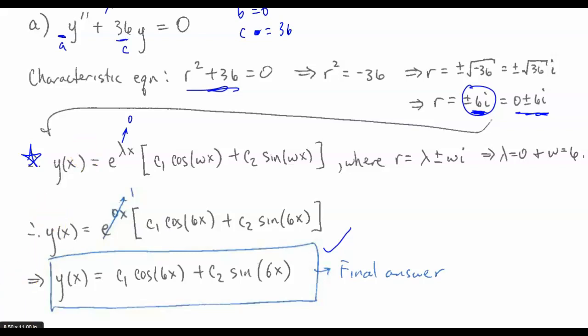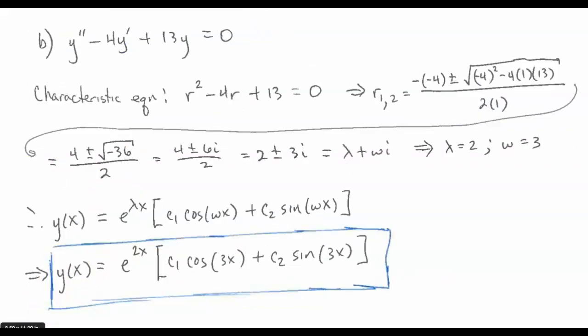And when lambda is 0, e raised to the 0 times x is just equal to 1. That is why this ends up not having an e raised to the lambda x part.